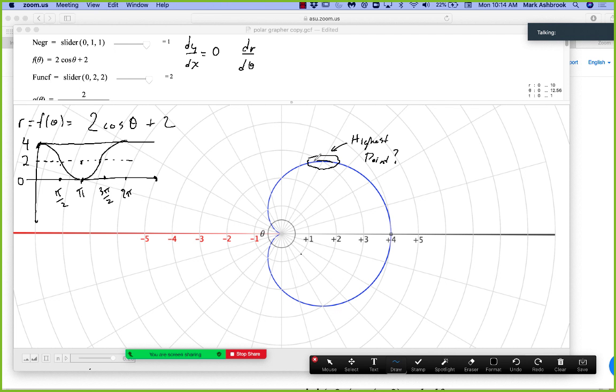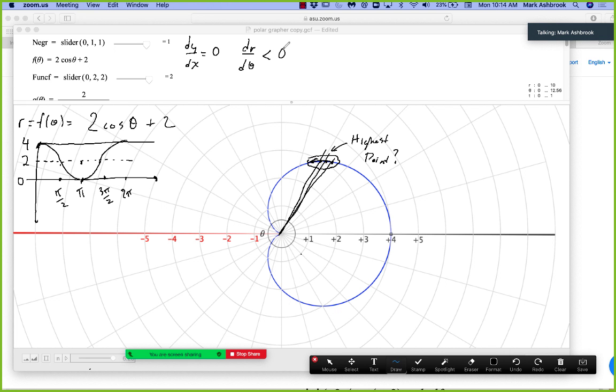It's negative. Someone said negative. Right, because as theta increases through here, what is r doing? Isn't r decreasing? As we go through there, we're getting closer to the pole. So dr/d theta at that highest point is negative.